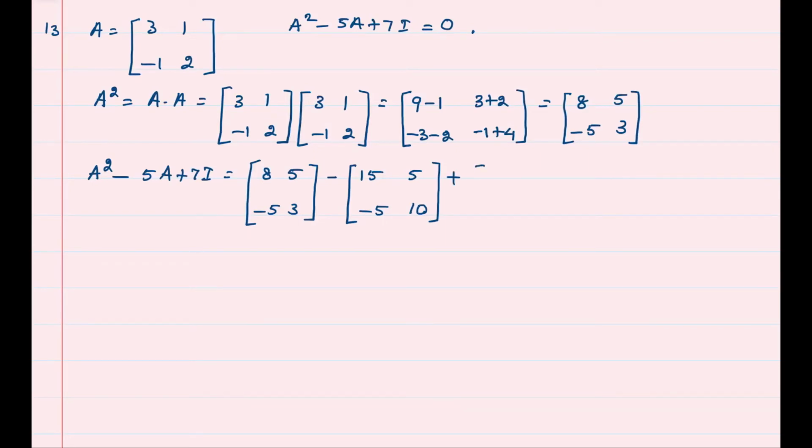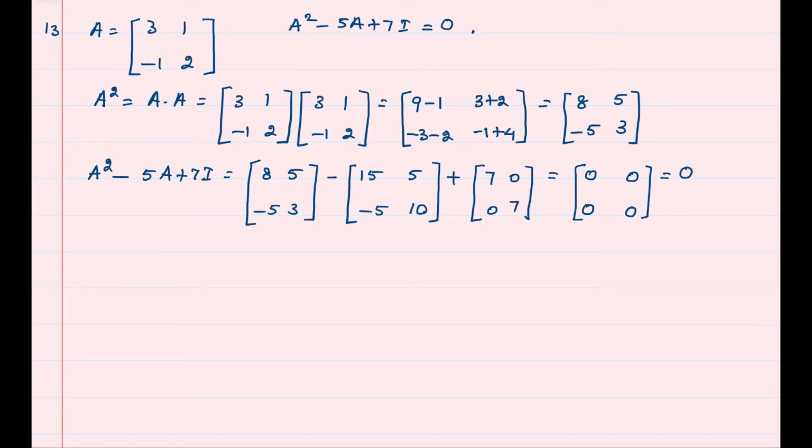Plus 7 times I is 7 0 0 7. 8 minus 15 plus 7 is 0. 5 minus 5, 0. Minus 5 plus 5 is 0. And 3 minus 10 plus 7 is also 0. We get the 0 matrix O.